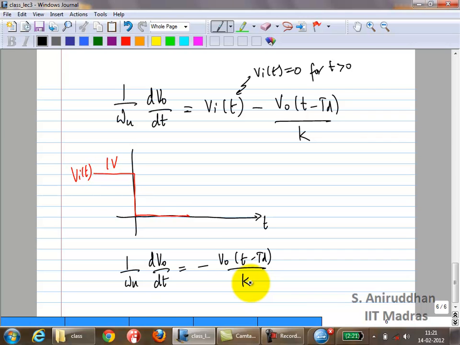Let's say you want to find the solution to this. What form can the solutions have? First of all, let's take a look at this equation. On one side we have the derivative of V0, which happens to be the same as the voltage but a delayed version. Correct? What kind of function has that form?